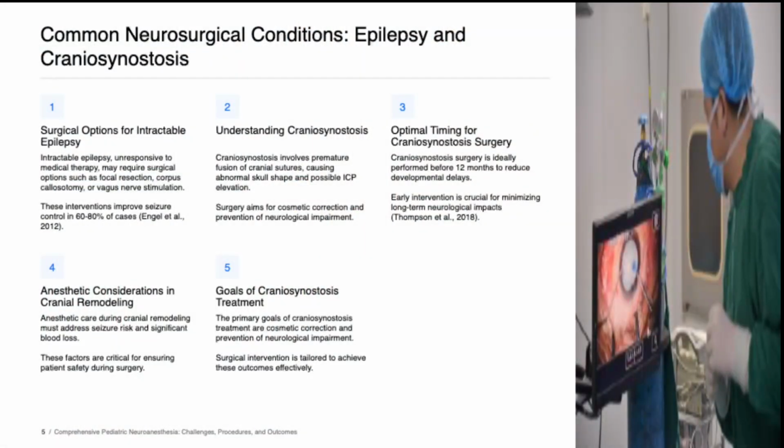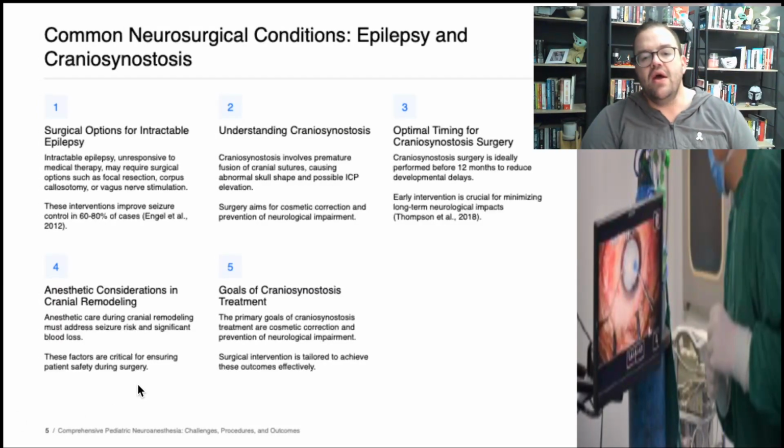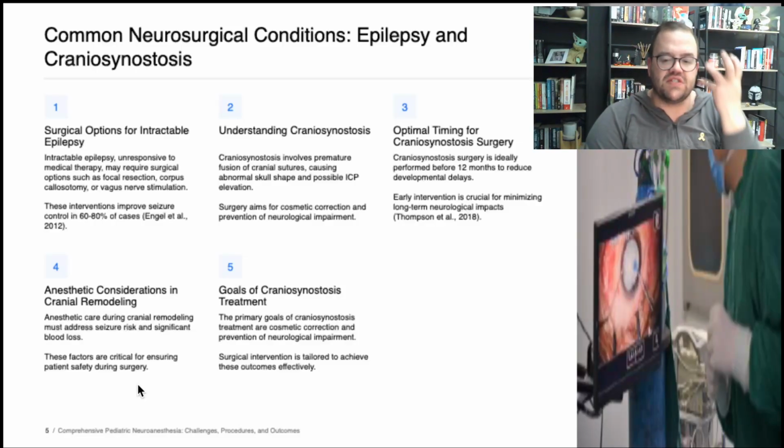So in terms of craniosynostosis surgery, what does the surgeon do? Well, basically, it is a cosmetic correction and prevention of neurological complications. The child's scalp is reflected back. The bones are removed from the skull.